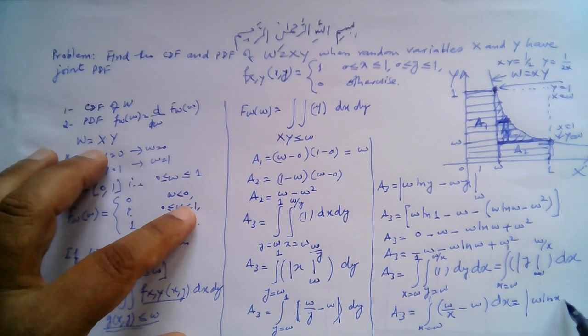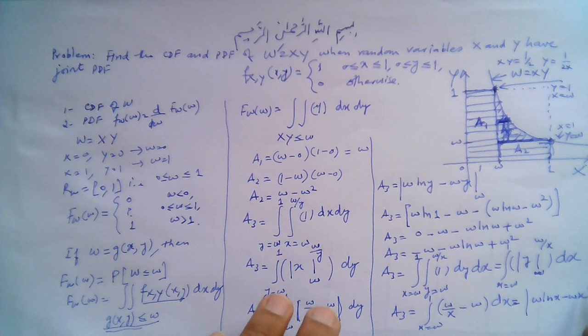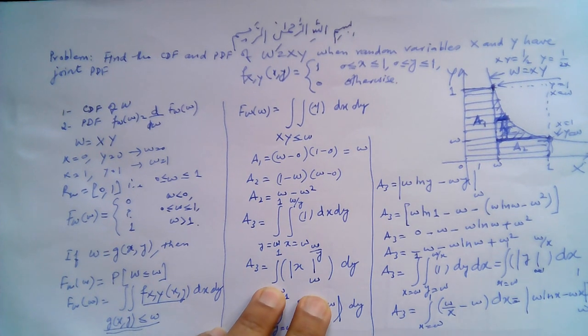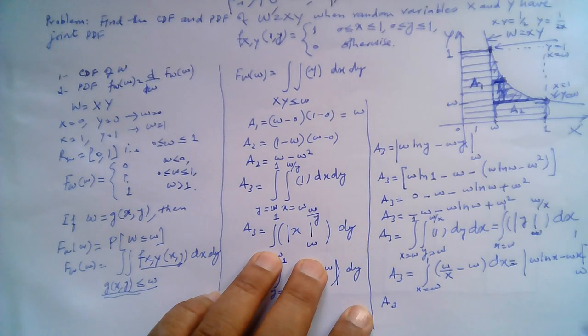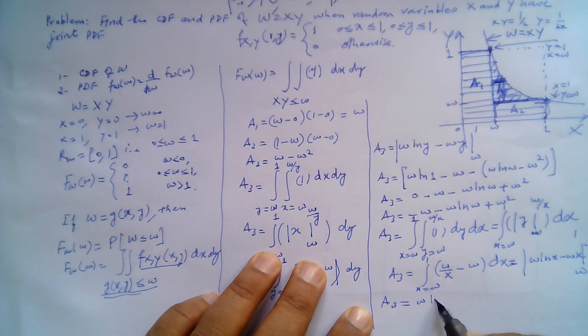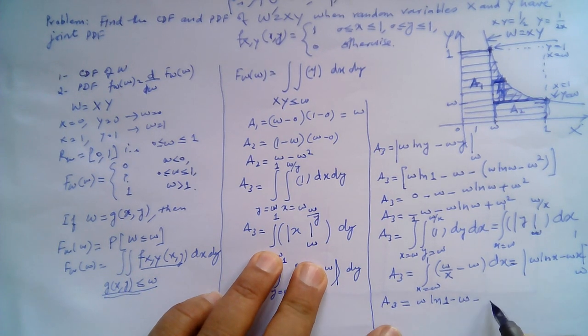And when we integrate it further, we again get w natural log of x minus wx, right? And the limits here are from w to 1. So A3 is now given by, when we substitute the limits, w natural log of 1 minus w natural log of w minus w squared, right?